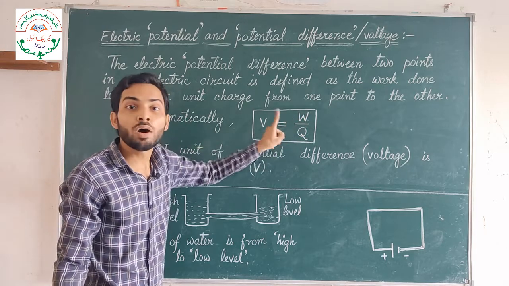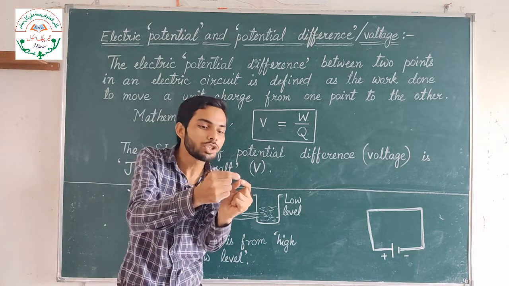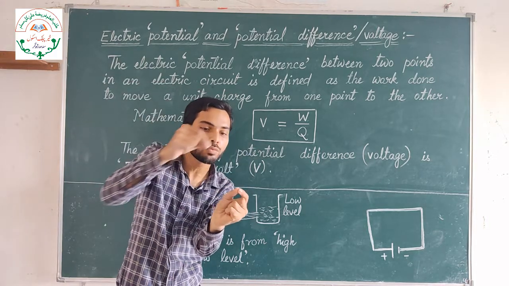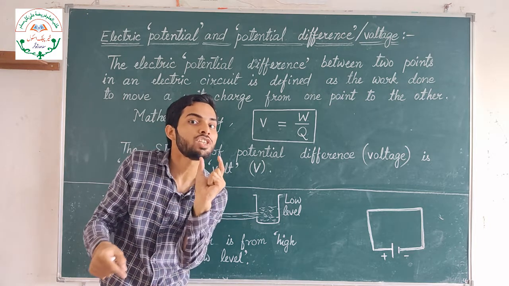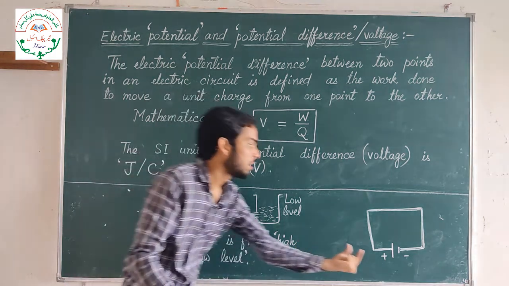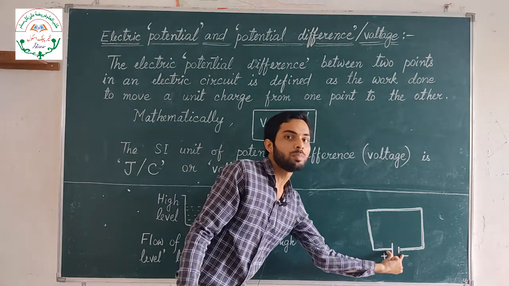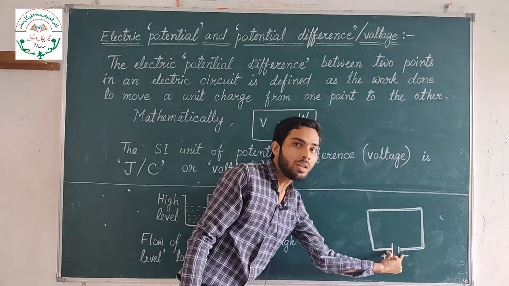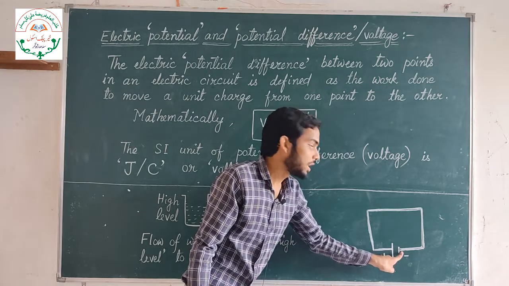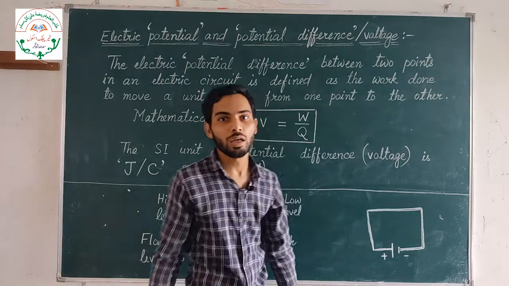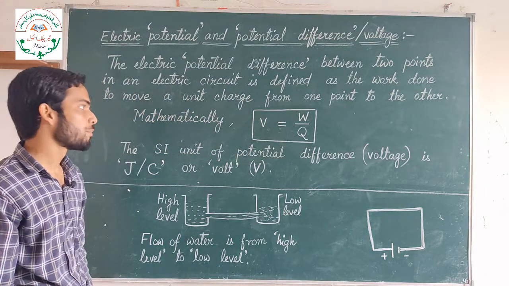The work done in moving a unit charge from one terminal of the battery to the second terminal will be known as the potential difference between those 2 terminals. That is, the potential difference between the positive and negative terminal of the battery is defined as the work done on 1 coulomb of charge on moving that charge from the negative to the positive terminal. This is the concept of voltage or potential difference.